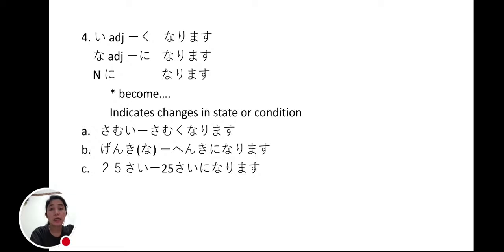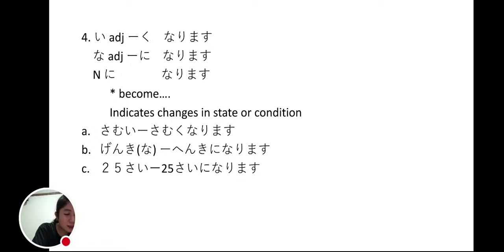So that's kawaii ku narimasu. Cute, adorable. So it became cute. Before, it was not cute. Kawaii is double E. Remove one E, kawaii ku narimasu. Become adorable or become cute, charming. What else?